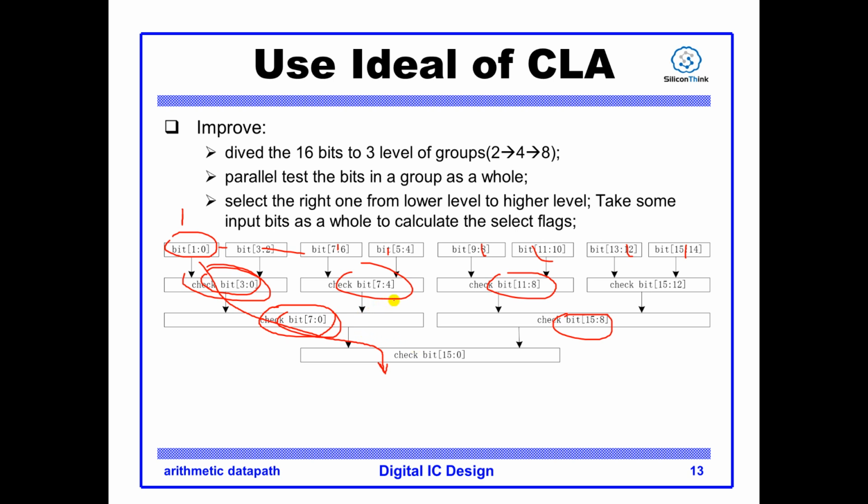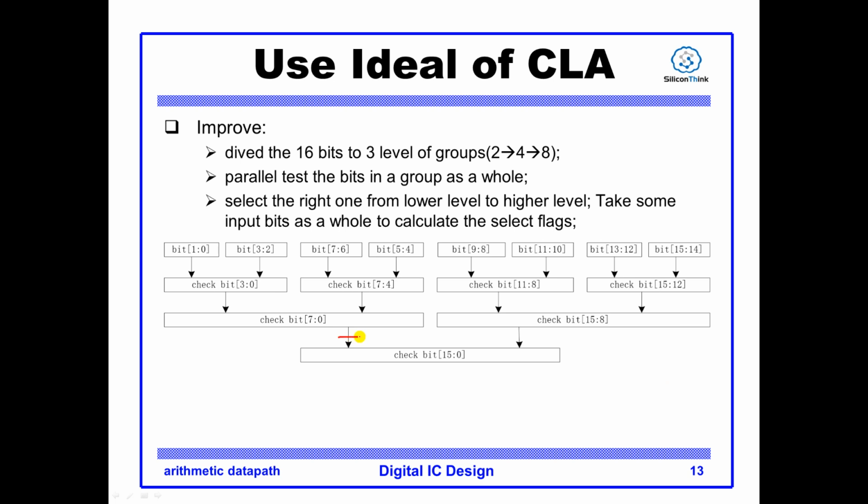Just when you calculate, when you select the output, when you select the value, the bit location or the bit address at this point for the lower 8 bit, you have to check.